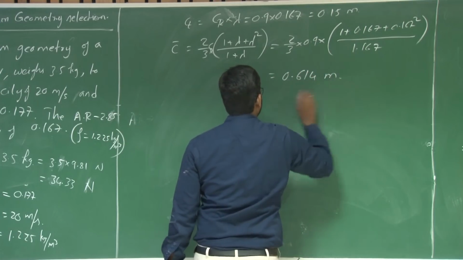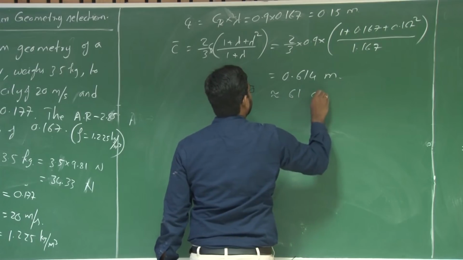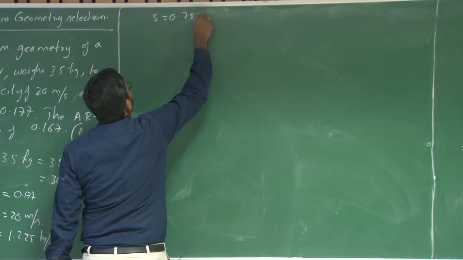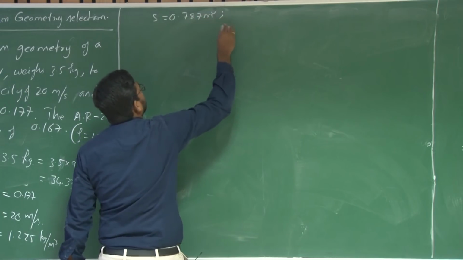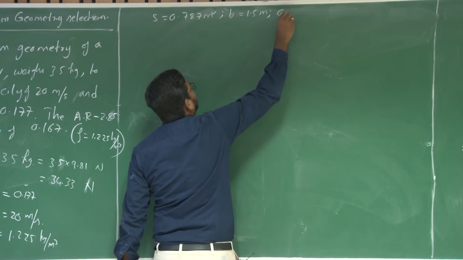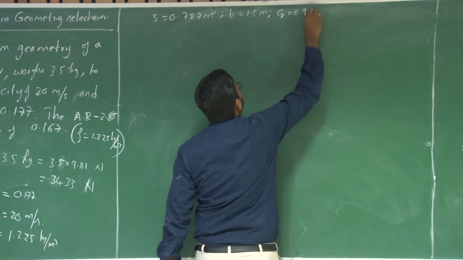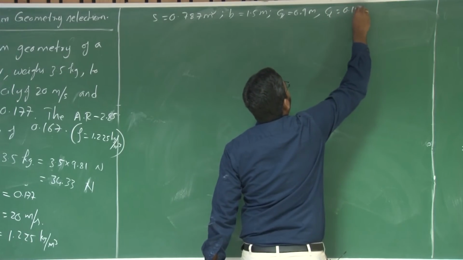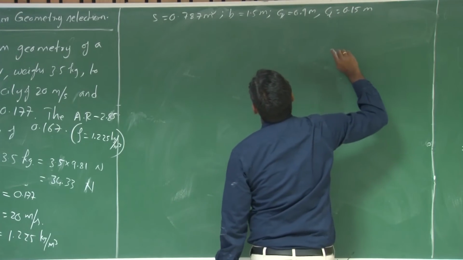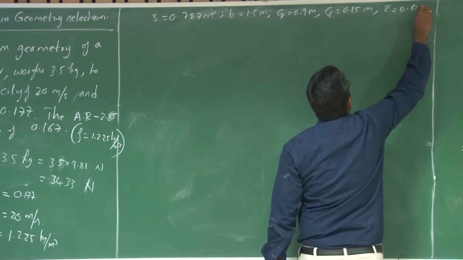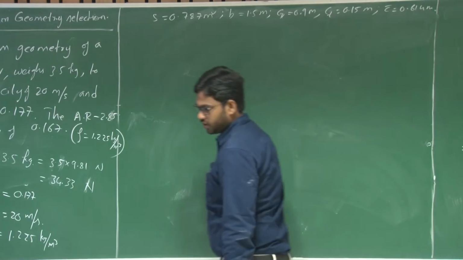That is 0.614 meters, approximately 61 centimeters. So S is 0.787 meter square, b is 1.5 meters, Cr is 0.9 meters, Ct is 0.15 meters, and C bar is 0.614 meters, right.